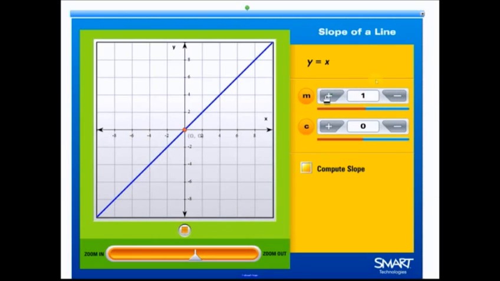However, we know that the gradient of 1 is a good marker. It's a 45-degree line. If I put a half in there, you can see that it gets shallower. If I put a smaller fraction, for example 0.3, it gets shallower again.